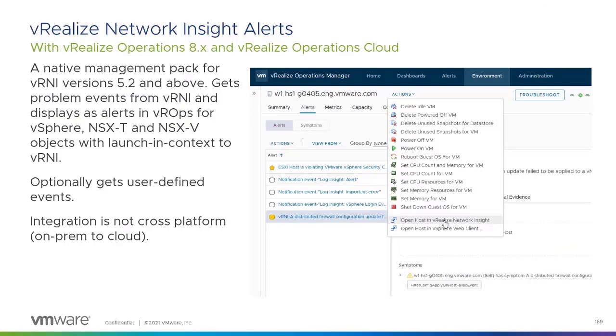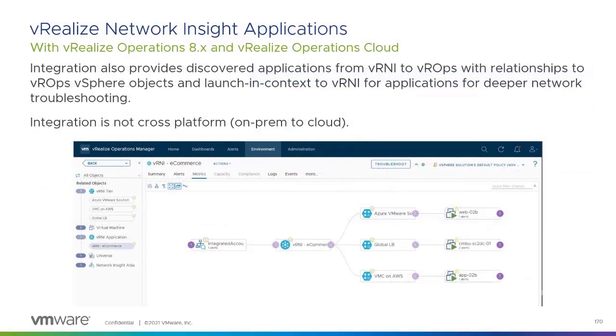It's provided as a native integration with vROps and delivers problem events from Network Insight as alerts in vRealize Operations for vSphere and NSX objects, with launch in context capabilities for deeper troubleshooting and analysis. Like the other integrations, cross-platform integration between on-prem and cloud products is not supported.